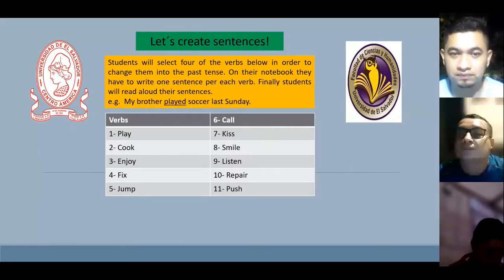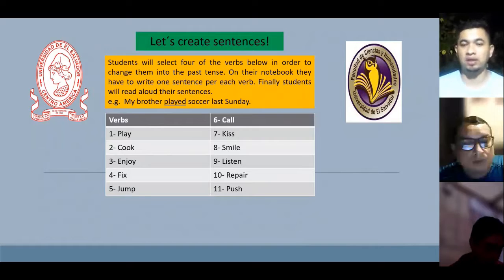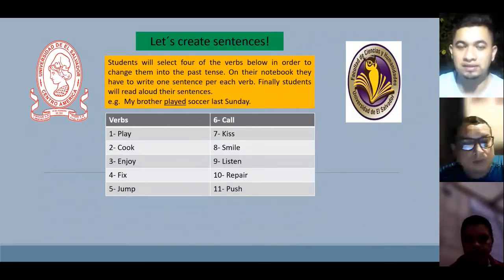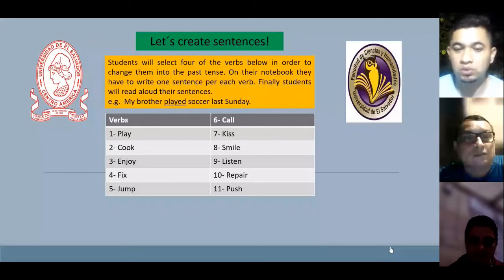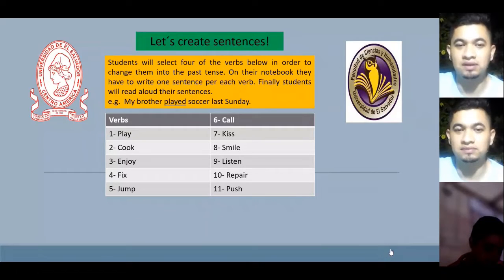And Jose Maria is also going to select 4 verbs and write 4 sentences in the past tense, guys. Then when you have your sentences written, you are going to read them. Do you have any questions? No. Okay, let's get started. Let me know when you are ready.